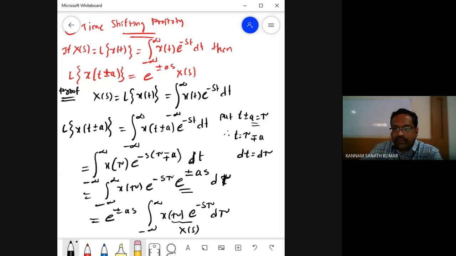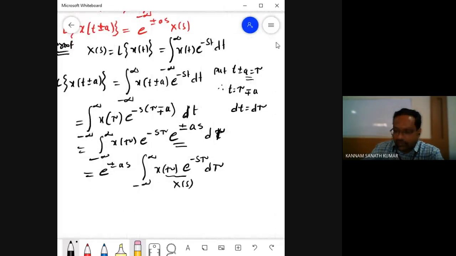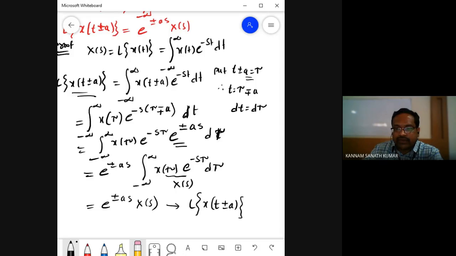So this equals e power plus or minus as into X of s. This is the Laplace transform of x of t plus or minus a. So for t plus or minus a, you got e power plus or minus as.